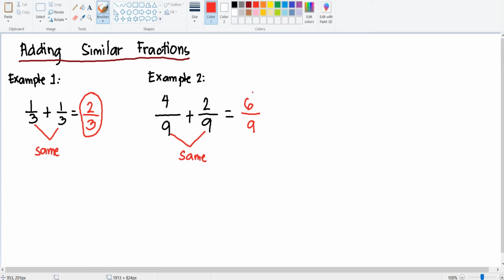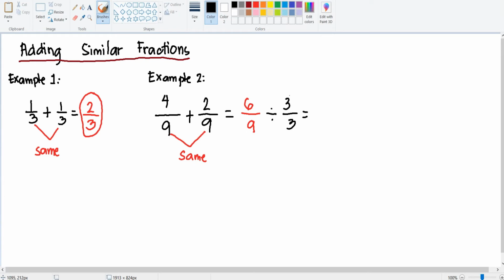We have 6/9. Now as you can remember, in our topic about simplifying fraction, if there is a number that we can divide with numerator and denominator, therefore we will divide it to the number. Now we have 3 as a number that we can divide with 6 and 9. Therefore, we will divide the numerator and denominator by 3.